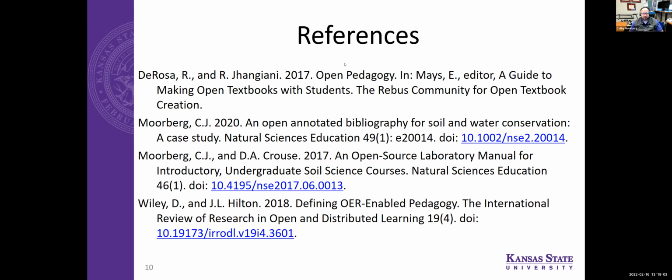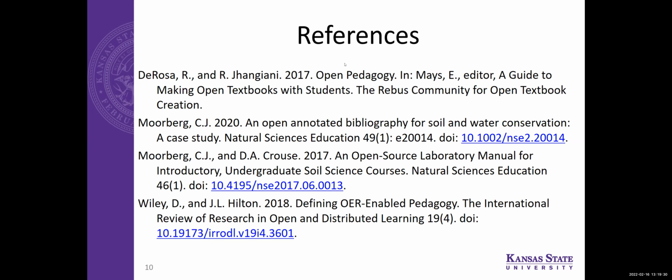That's why we call it the Soils Laboratory Manual K-State Edition, as opposed to the North Carolina State Edition. So I wasn't starting from scratch, which helps quite a bit. But there was labor that went into the initial adaptation, and labor that went into building it out in Pressbooks. And I did hire an undergrad to help me with a lot of the formatting, particularly with all the LaTeX equations.